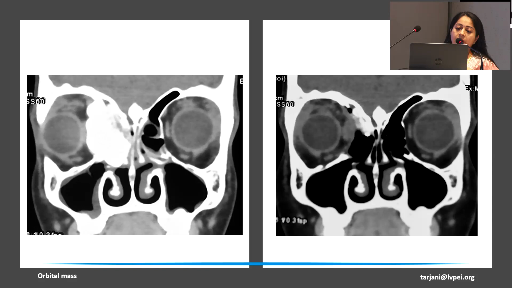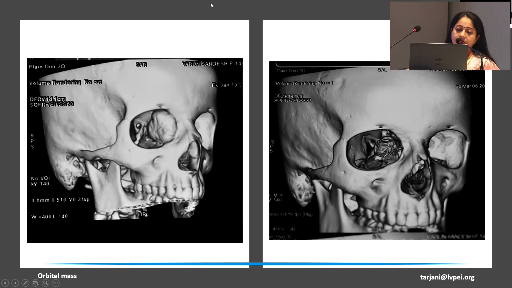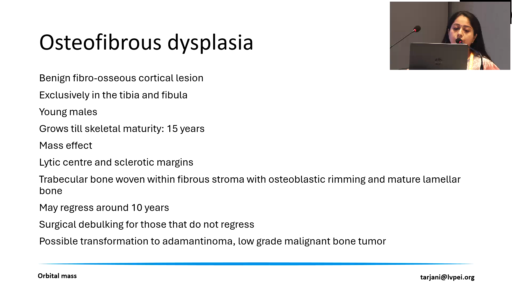And this coronal part shows you the region near the fovea ethmoidalis post-operatively, this area, where obviously there is some residual tumor at this point of time, but drilling that would have disastrous consequences, and therefore I decided against chasing it. Here is the pre and the post 3D reconstruction showing you that the tumor is largely removed.